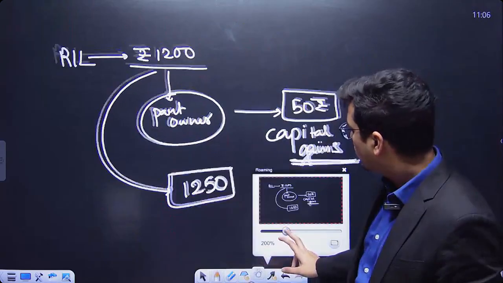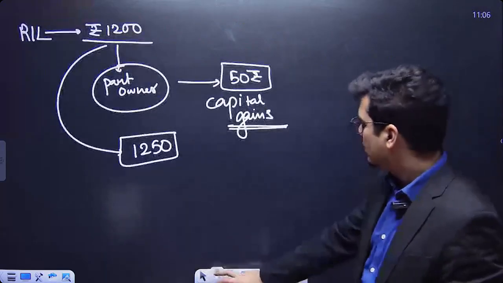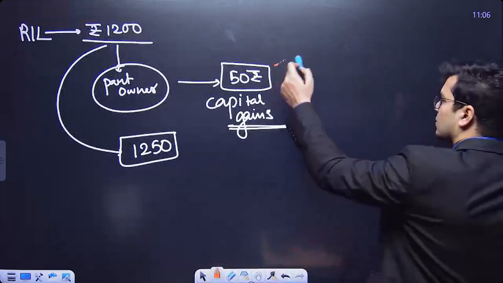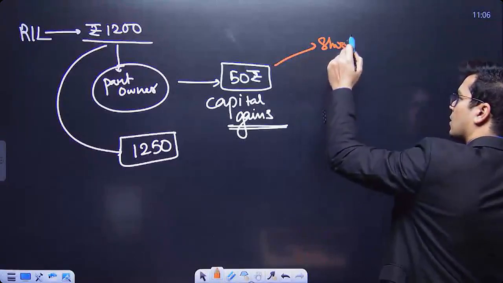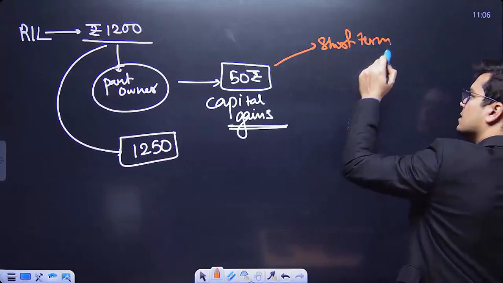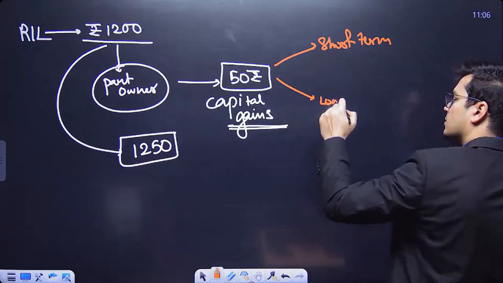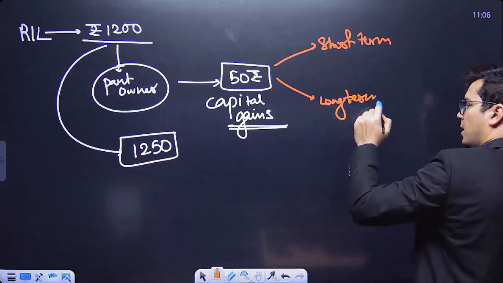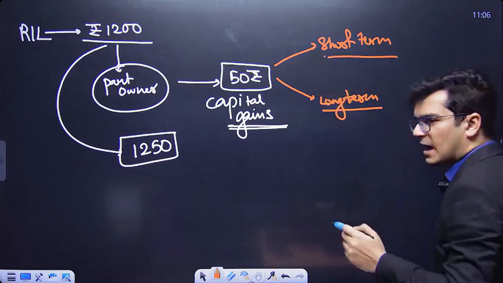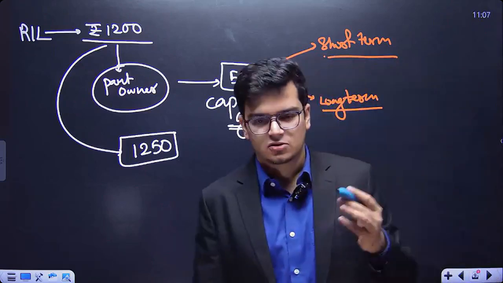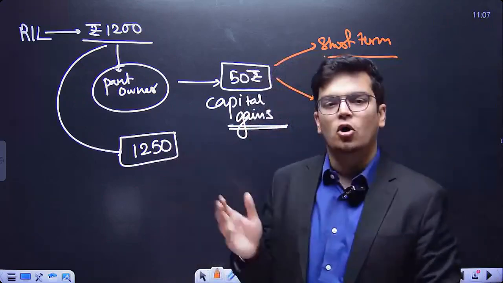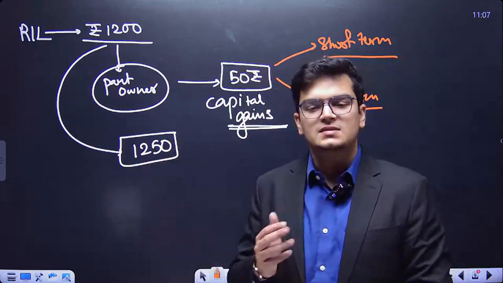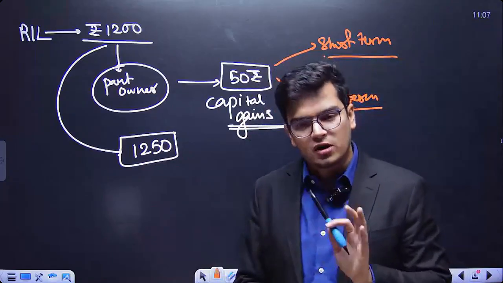Now, there are two types of capital gains. One is short-term capital gains. One is long-term capital gains. I will recommend that you should not remember the tax slabs for short-term capital gains and long-term capital gains at the moment.